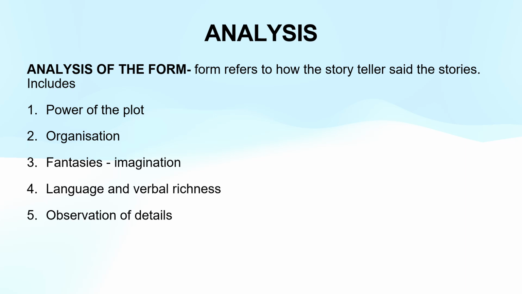It will include the power of the plot, organization, fantasies and imagination, language and verbal richness, and observation of details. In the manual, you have a detailed explanation of all of these headings, and according to them you note down the interpretation. So you have to follow these headings for analysis of form.